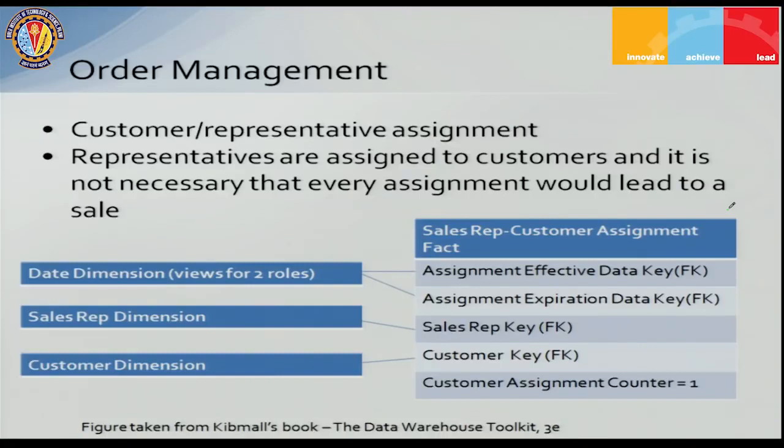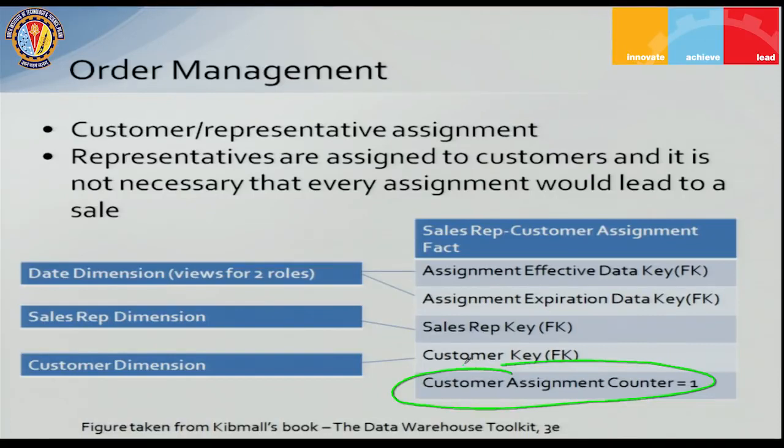Here we have two dates. One is the assignment effective date, from where it starts, and then we have the assignment expiration date, when the assignment expires. Then we have the sales rep key, the customer key, and then, please note this down, a customer assignment counter, which is set to 1.